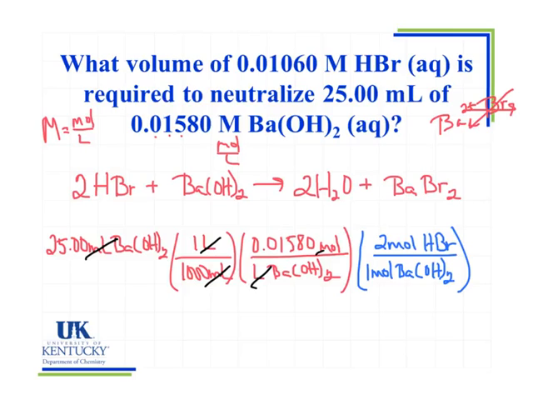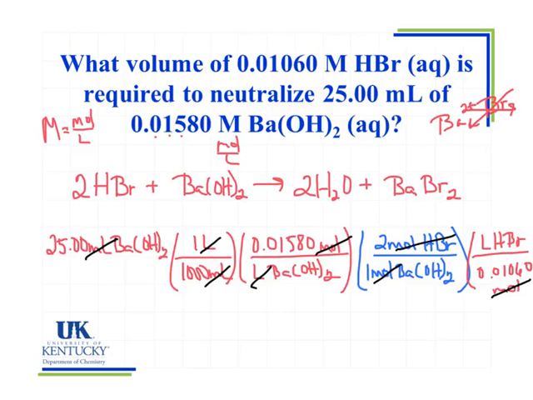Now if I look, my moles of barium hydroxide cancel with one another. Now I'm left with moles of HBr. And now I can actually figure out the volume of HBr because I know the concentration. I'm also going to rewrite that in terms of moles over liters, but this time I'm going to have to put the moles on the bottom because now I want the moles of HBr to cancel out.